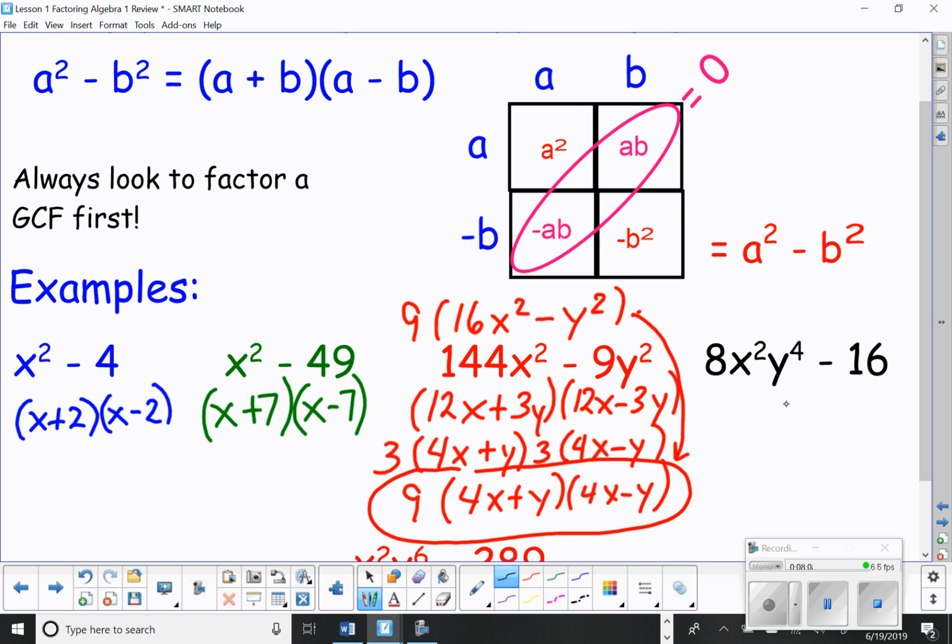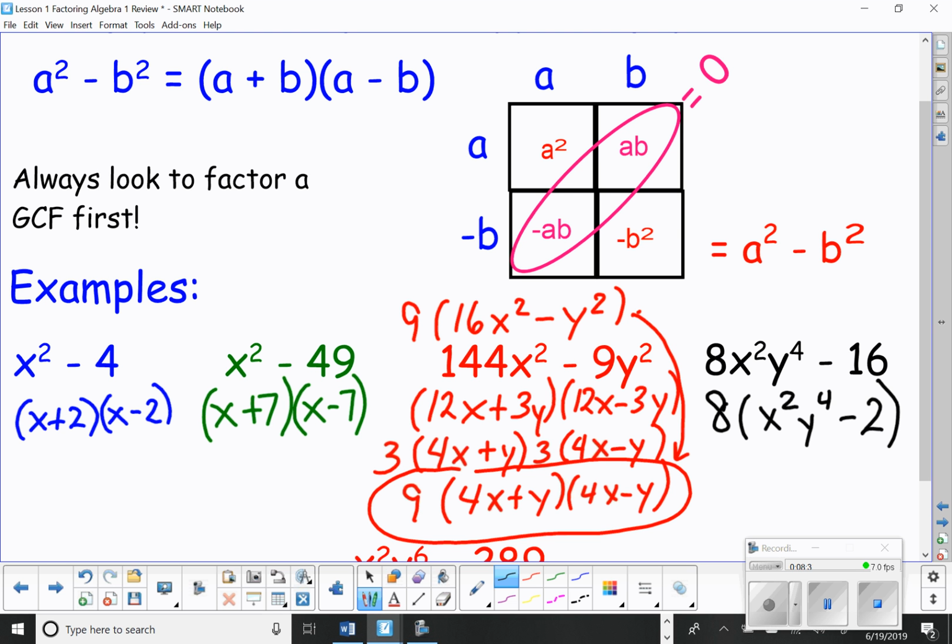8x squared y to the 4th minus 16. Well, I notice that 8 is not a perfect square, but 8 will go into 16. So we're going to have 8 times x squared y to the 4th minus 2. Now here, you can't do anything else.